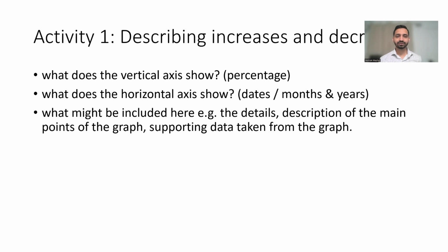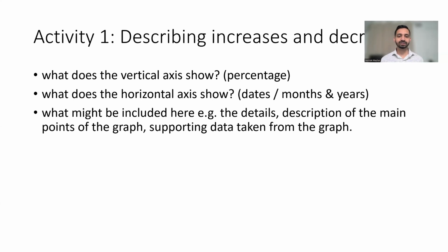All right, let's look at describing increases and decreases. When you're describing increases and decreases, if it's a graph, you will have to look at the vertical axis, what it shows, and you'll have to look at the horizontal axis, what that shows, right? That will be your starting point.